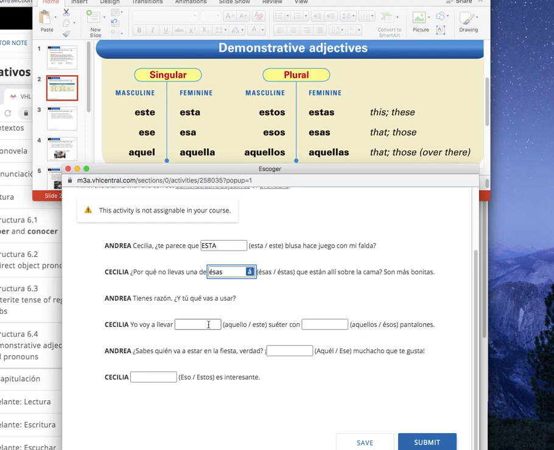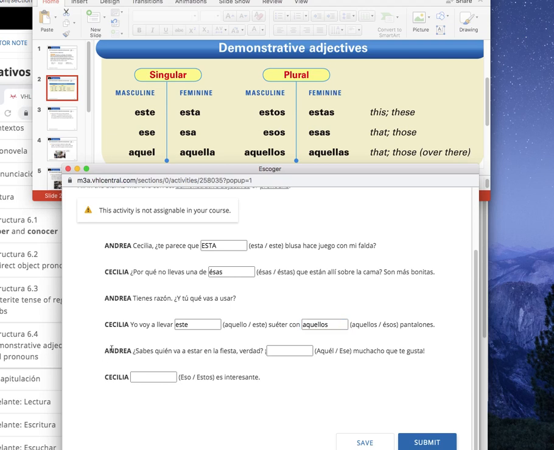So yo voy a llevar este suéter, right? It couldn't be aquello because aquello is the abstract one, if you remember. Con aquellos pantalones, right? Because it couldn't be the one with the accent because the noun is mentioned, right? So it has to be aquellos. So those pants over there.